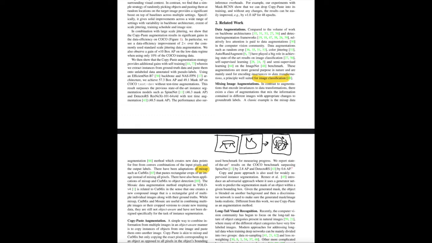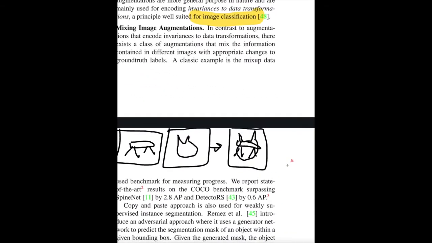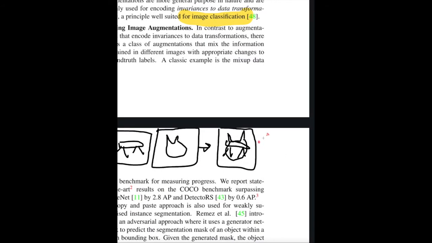Again, it may seem really weird, but actually it works. Basically you blend them and use a blend value. Let's say here you have 0.3 times cat plus 0.7 times dog.